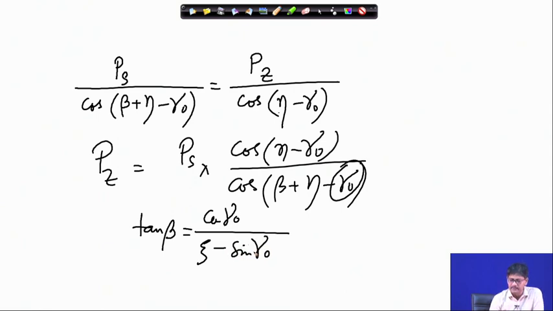So, in one way at least I have an estimation of beta, but if you ask me what is the value of eta, do I know this? So, in order to completely estimate the cutting forces, the expression of the cutting forces in terms of the different tool geometry and other parameters of cutting, we need to do some more analysis.